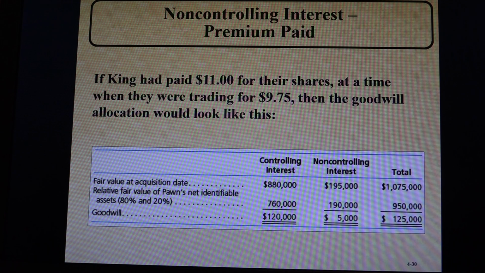The next thing you're going to do is determine net income, the non-controlling interest share of net income.